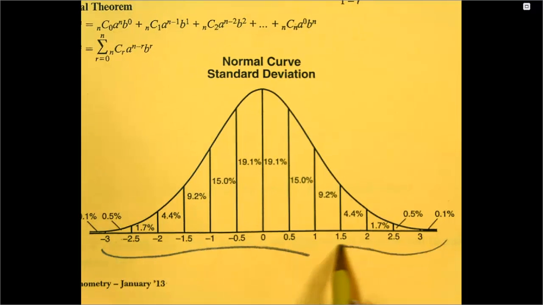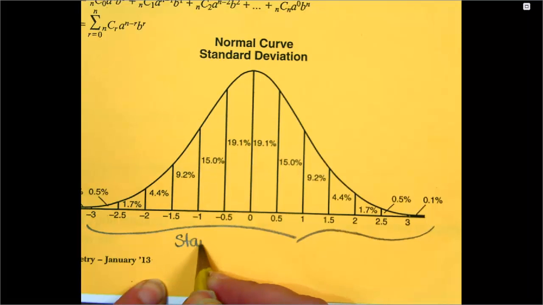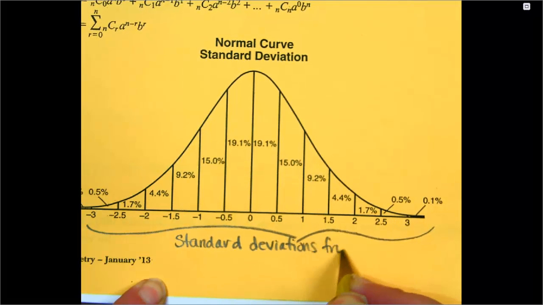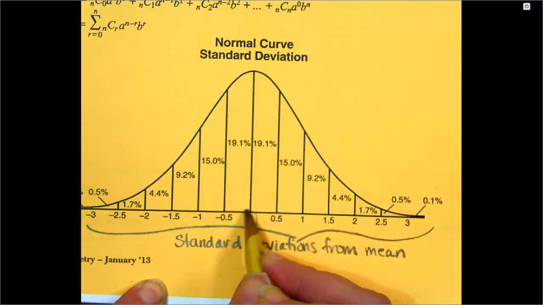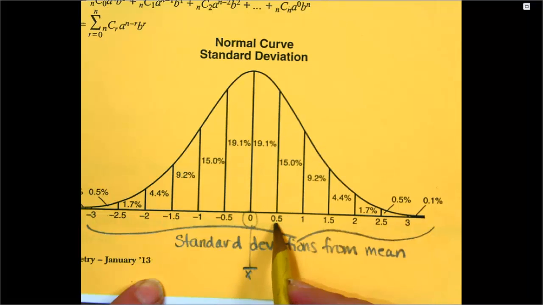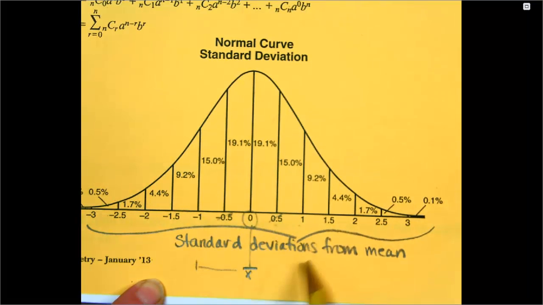On our Regents reference sheet, they don't give us everything. It's labeling the x-axis, or the bottom, as the number of standard deviations from the mean. Notice that in the middle there's 0. That is the mean value. The mean is always in the middle of your normal model. State Ed, for whatever reason, likes to give you the percentages in half standard deviations.